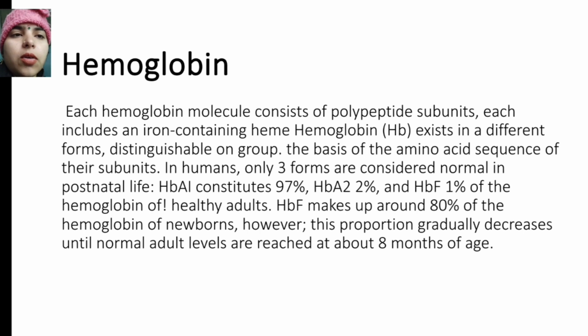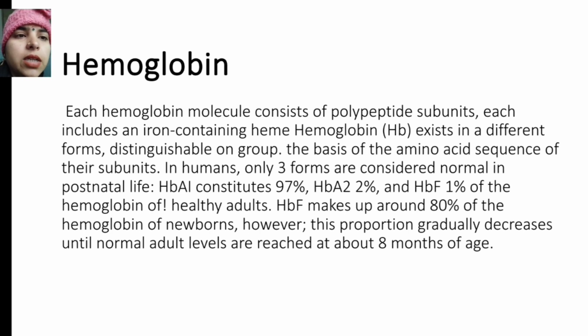In humans, only 3 forms are considered normal in postnatal life: HbA constitutes 97%, HbA2 constitutes 2%, and HbF 1% of the hemoglobin of a healthy adult.